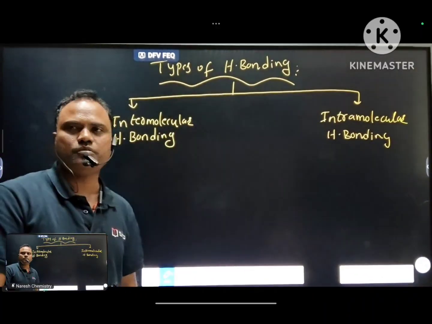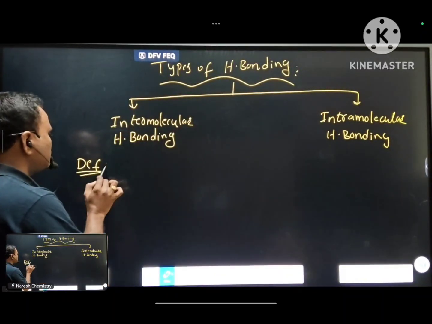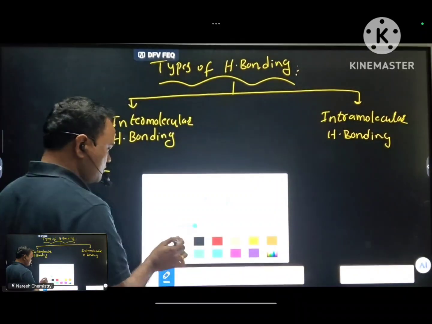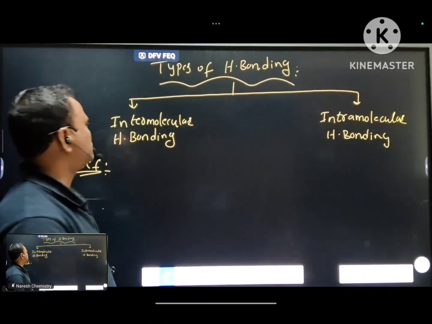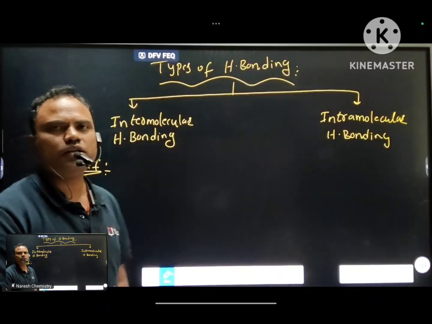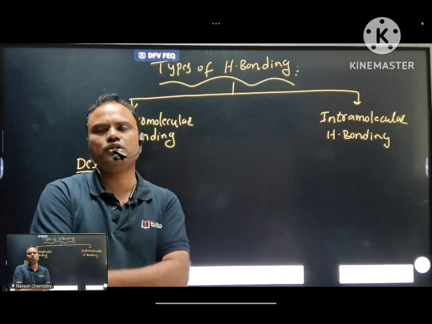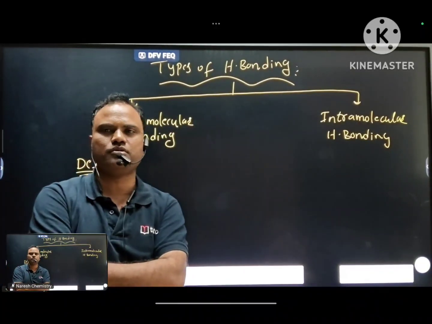Inter, look at this: intermediate is how many years? Intermediate course is 2 years. So if hydrogen bonding takes place in between two molecules, that is called intermolecular hydrogen bonding. Remember, like intermediate is 2 years.